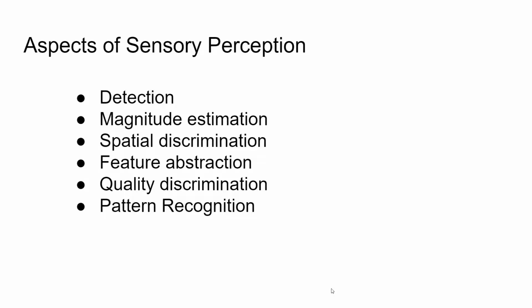All right. Feature abstraction. This is one of the most difficult, I think, to understand. There's identification of more complex aspects of the way we perceive things. You think about if you see a dog, then your brain sees it and you think, oh, I used to have a dog like that.